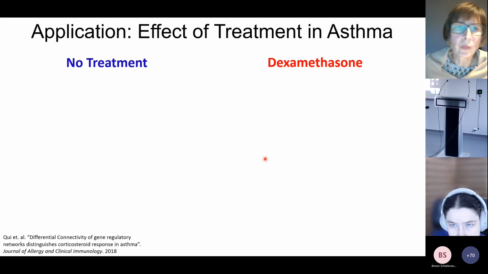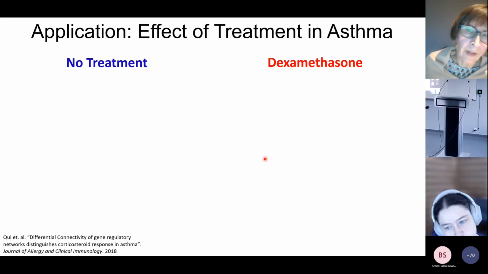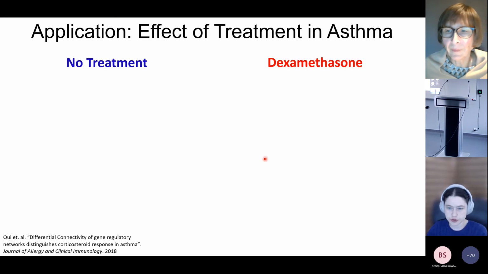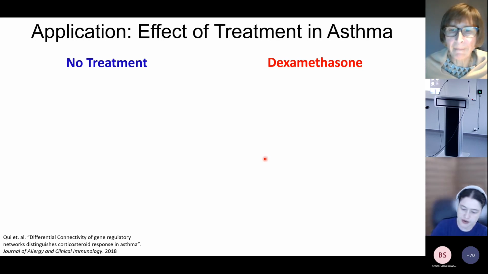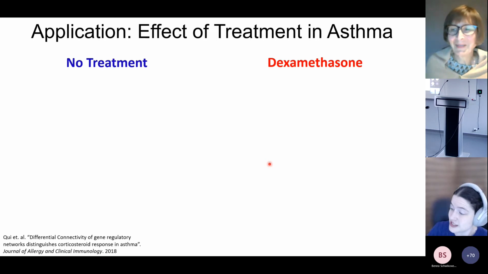The application slide with the two bullet points, and to the left, women, men, and the comparison of two networks, and then a white space. Yeah, the network was supposed to appear. I'm going to hit forward one more time. What do you see now? A slide titled application and then just the titles, no treatment and dexamethasone.